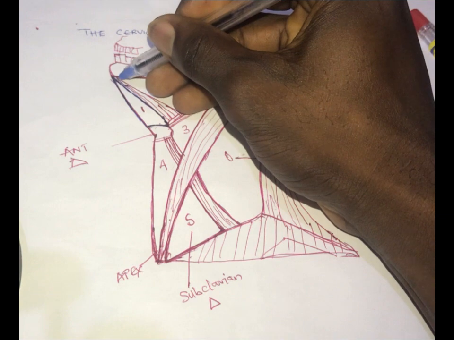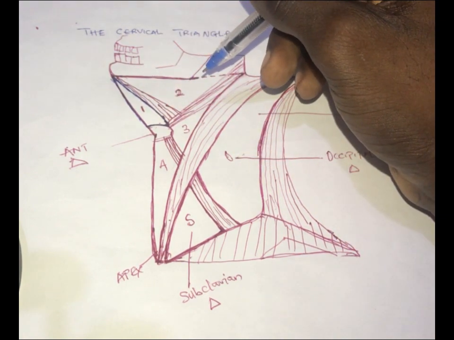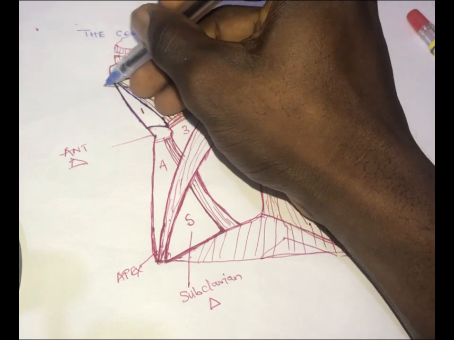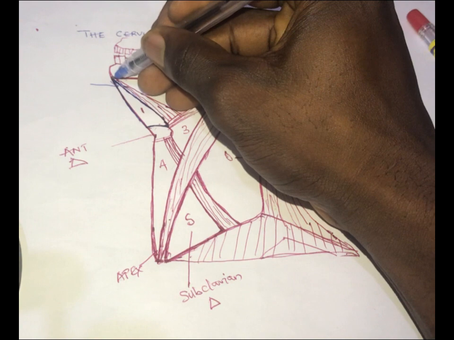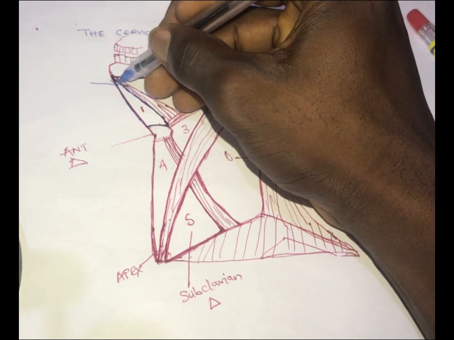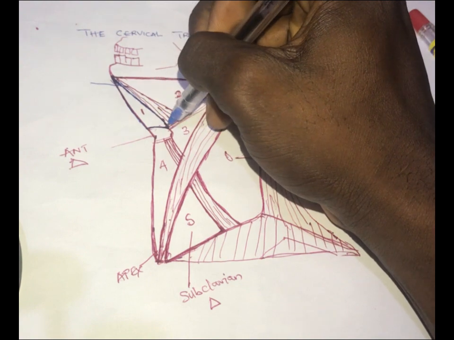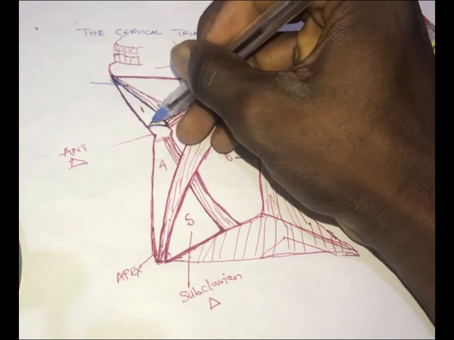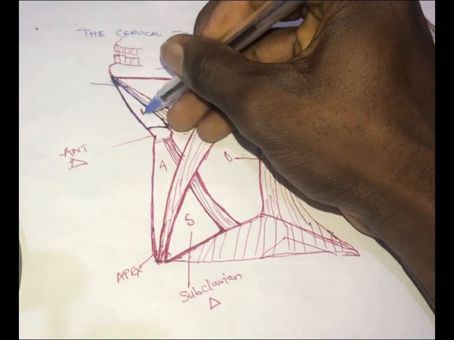So it is bounded side by side by the anterior digastric muscle. Now, the apex of this triangle is located anteriorly around the chin. And once again, the base of the triangle is formed by the body of the hyoid bone.